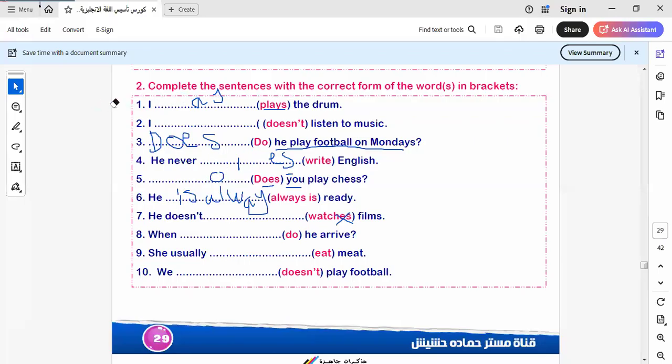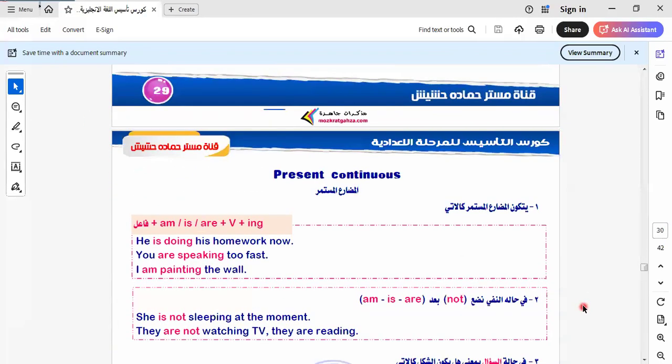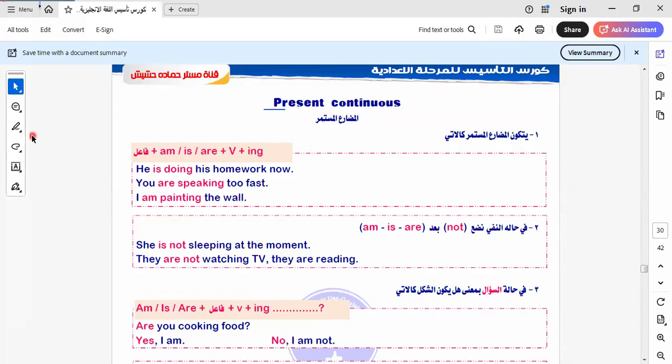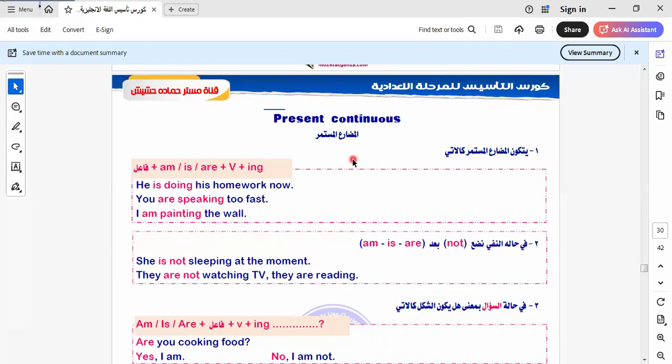Let's continue with the rest of the tenses. Okay. In this video I make a quick revision on the tenses, to remind you of what I told you before. Here is the present continuous tense. As we talk about this tense, what does it express? An action happening at the time of speaking.